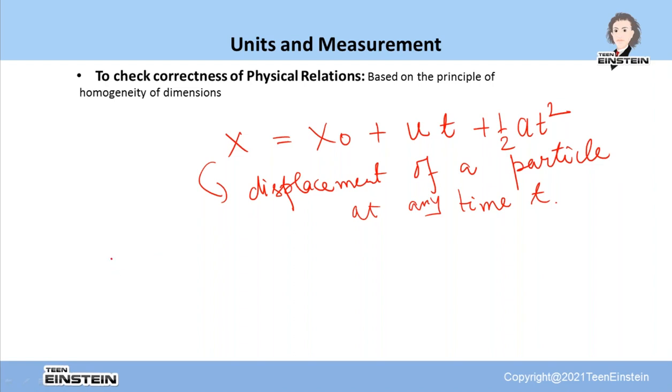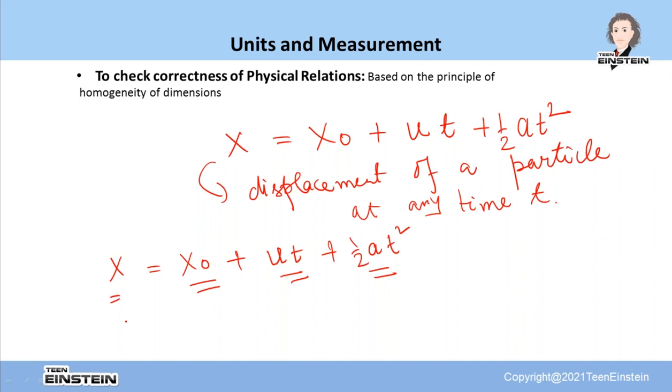So in this case, I have x on the left hand side, x0, then this is velocity into t, plus half acceleration into t square. So whatever quantity you see in the right hand side and whatever quantity you see in the left hand side, both sides have to have the same dimension.